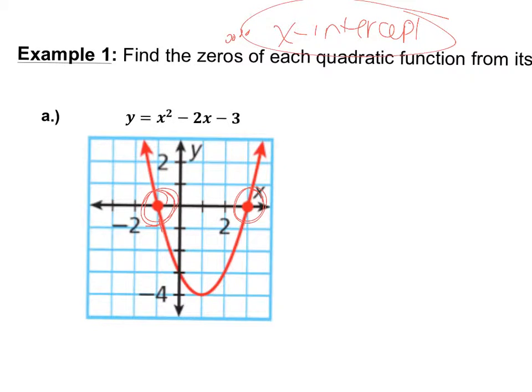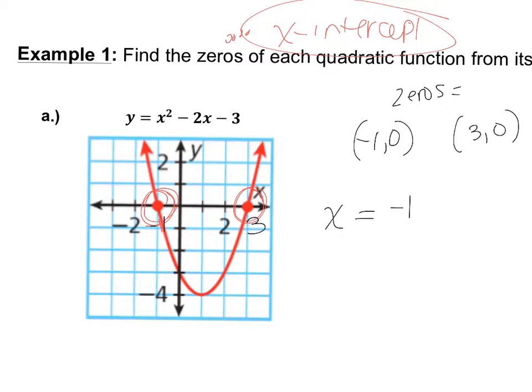This is really -1, and this one is 3. So the zeros are -1, comma 0, that's my point, and 3, comma 0. But the x values are -1 and 3.